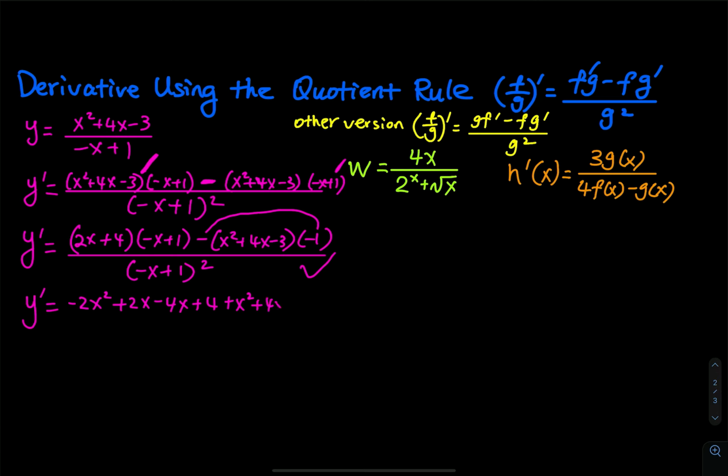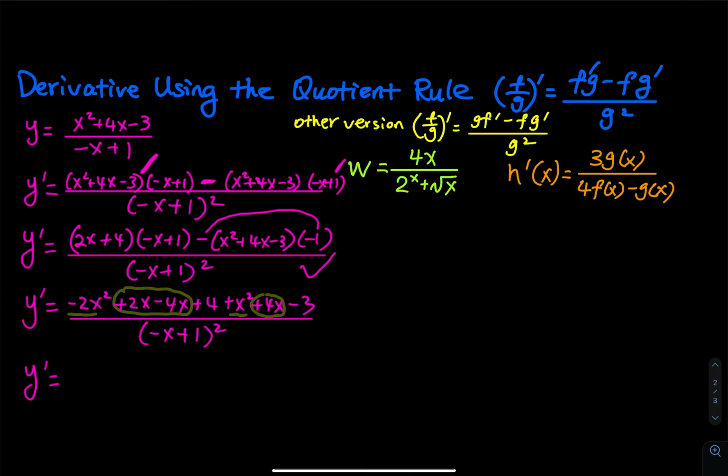Can we do any simplification? Yes, we do. So we can combine the x squared terms. What else? We can do this and that. Okay, let's see. So we have y prime equals negative 2 plus 1, that is negative 1, and then we have negative 4x plus 4x, they are gone.